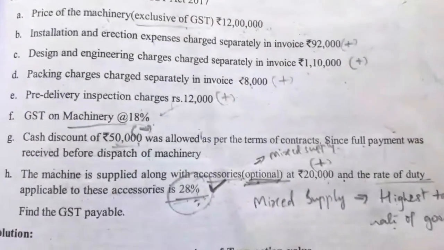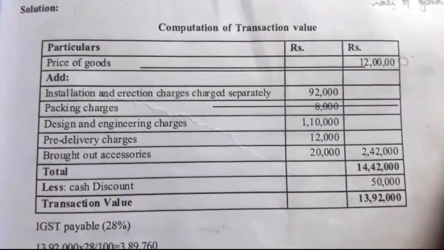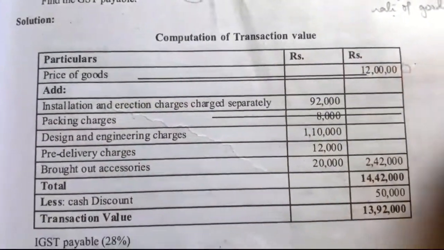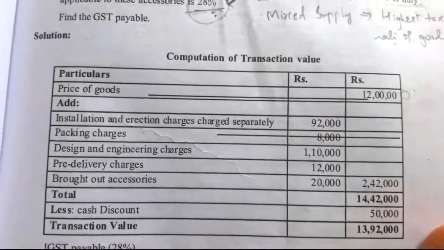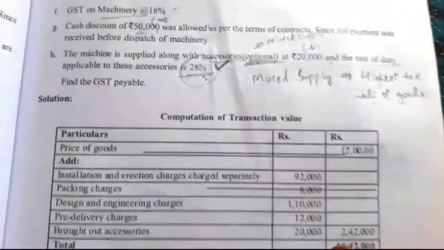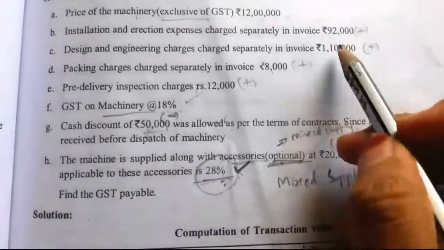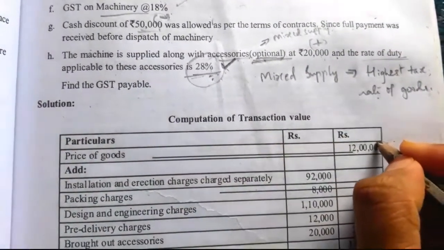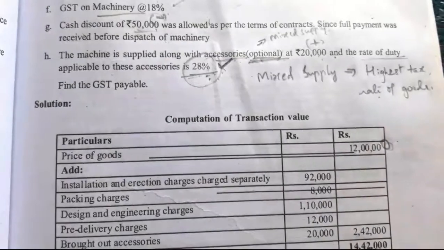Now we will work out the solution. Write the heading Solution. Under that write computation of transaction value. Make 3 columns: particulars and 2 amount columns. Firstly, take the price of machinery excluding GST, 12 lakhs. It is 12 lakh, not 1 lakh 20.